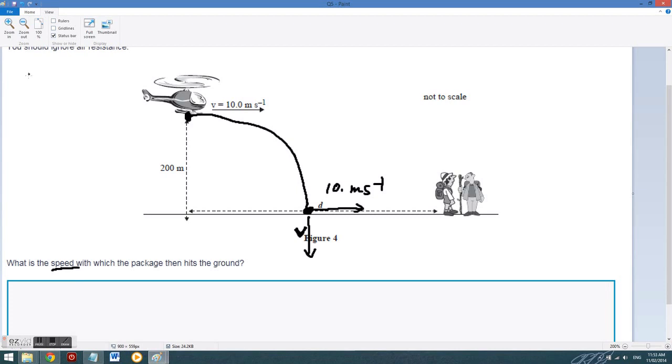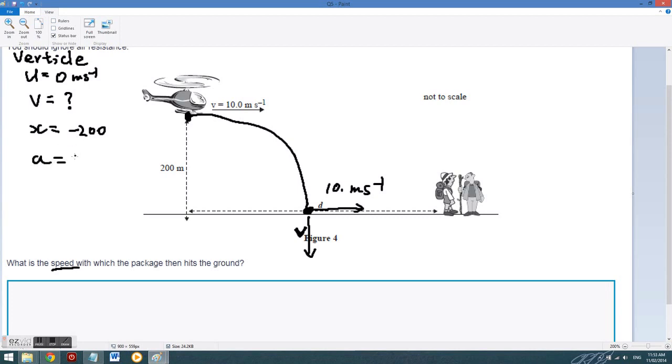Now start from here, for the vertical components. Your initial vertical velocity will be 0. Final, I don't know. Displacement traveled will be minus 200, not 200, minus 200.